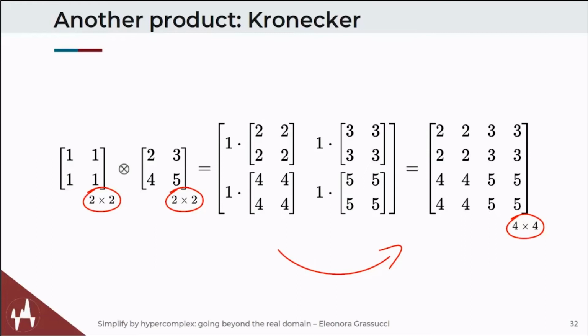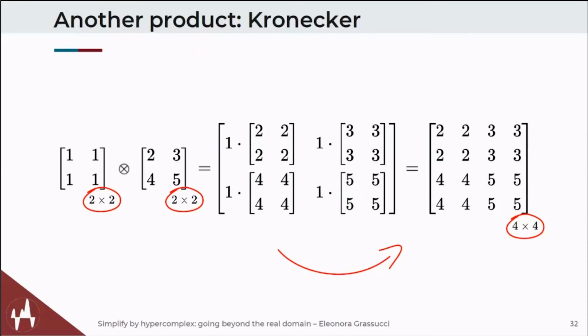The Kronecker product is basically a sort of other product, and as you can see here, we can start from two 2 by 2 matrices. Basically, the second matrix is inserted in the first one, and then we unsqueeze the dimensions, so we pass from a 2 by 2 matrix to a 4 by 4 matrix.